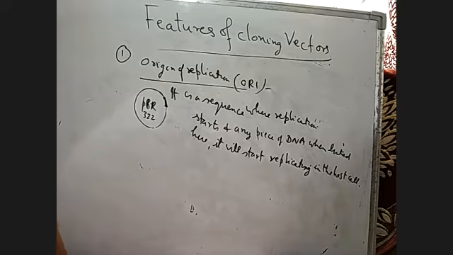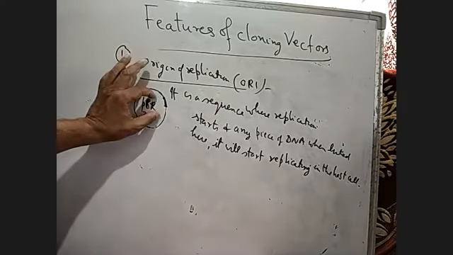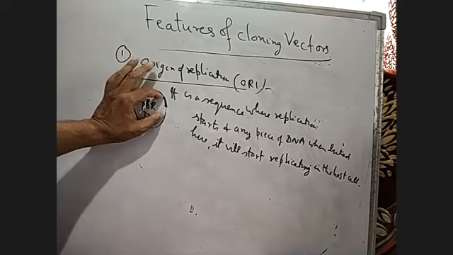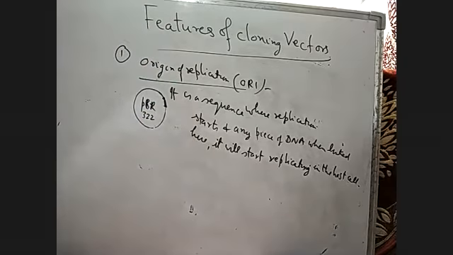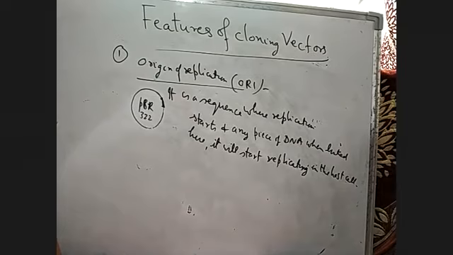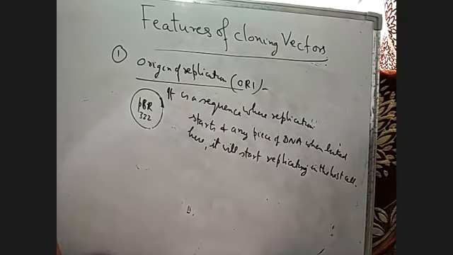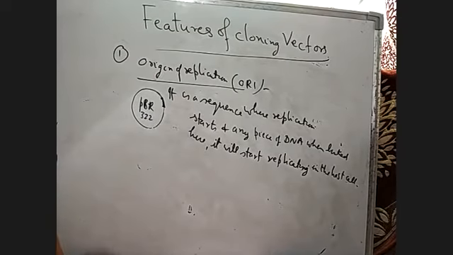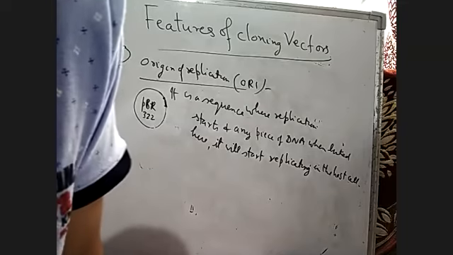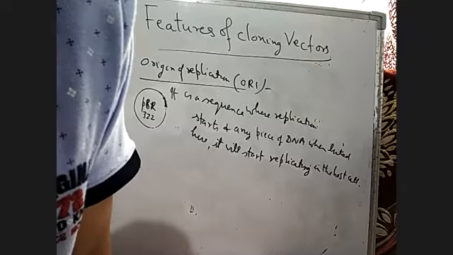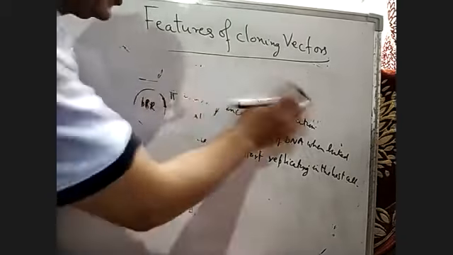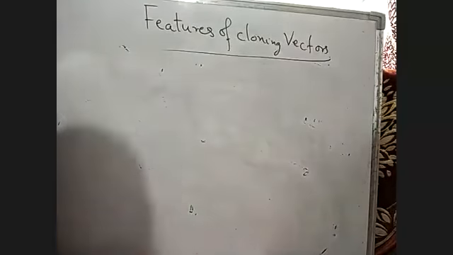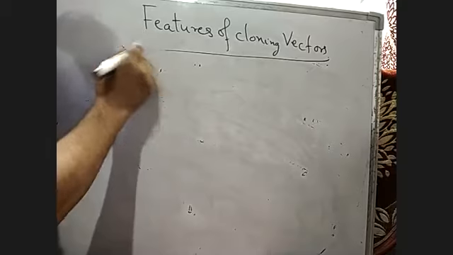So how do we identify whether non-recombinant is also present? For this, scientists have developed a method called the chromogenic method. So the second one is the chromogenic method.